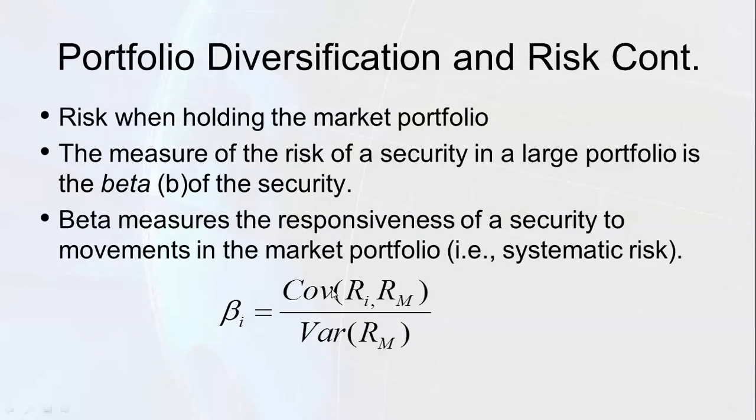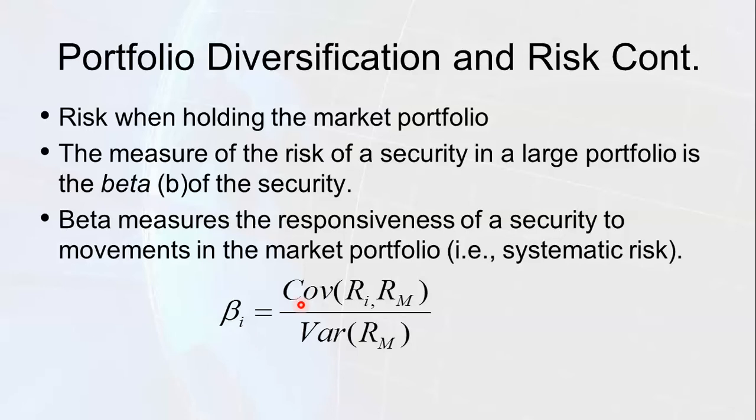All right, and beta you can compute as the covariance of the stock return, which is part of your portfolio, covariance of your stock return with the market, divided by the variance of the market. That's going to be your beta.